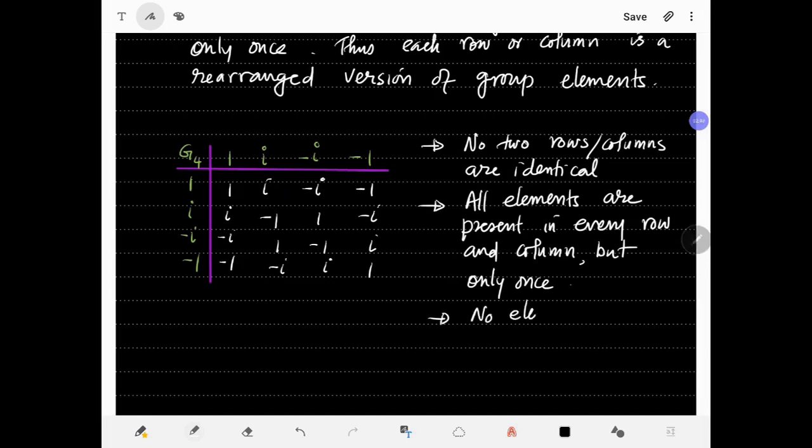And this table is called group multiplication table in group theory.